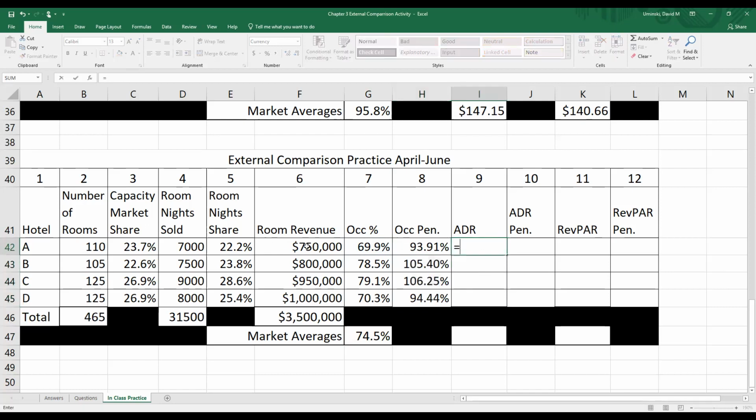ADR equals average divided by the rooms sold. Equals that divided by that, times 91.